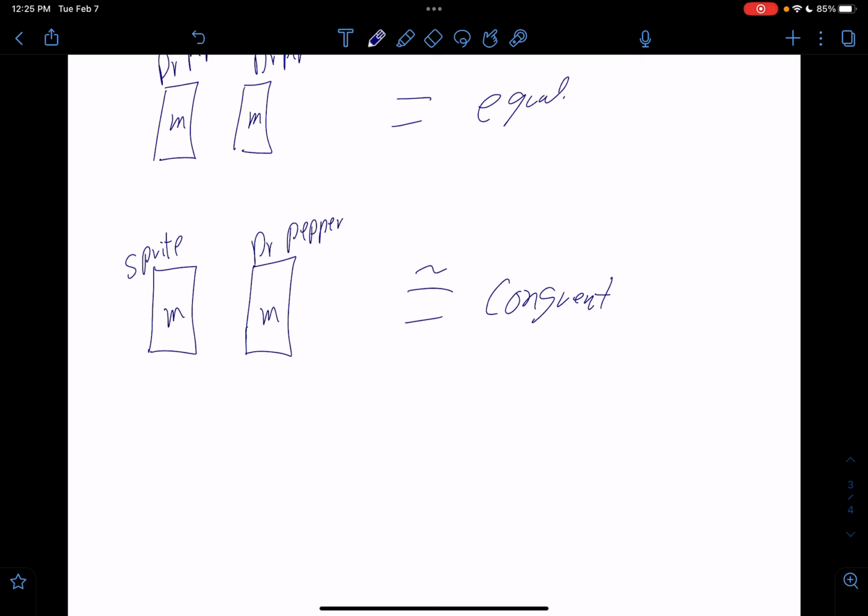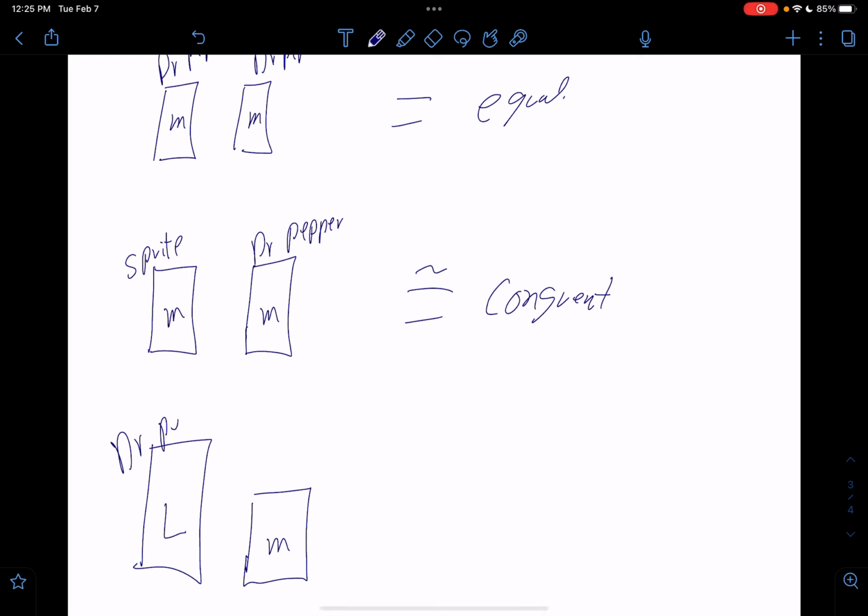Now the third sample: I have a large and a medium Dr. Pepper. Well, these are just similar.